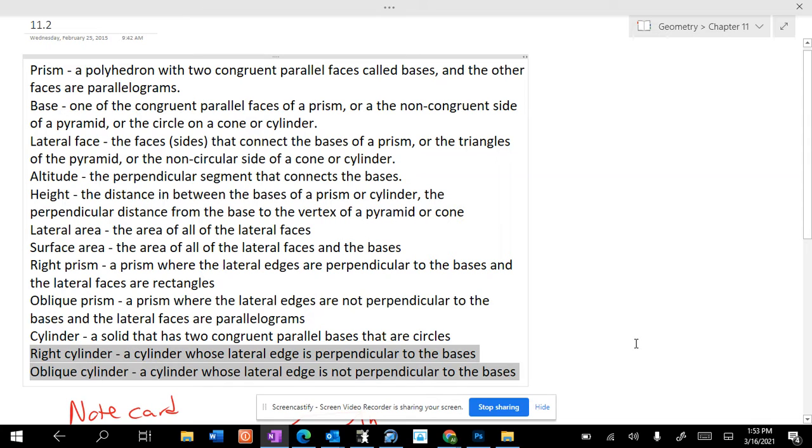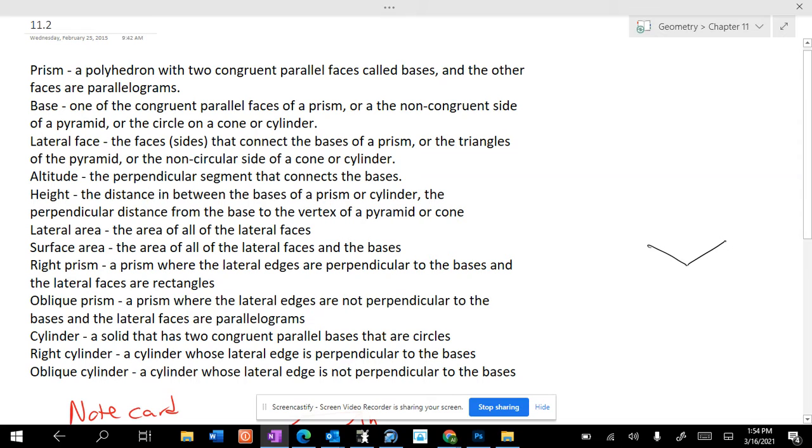Oops, I need my stylus, which is back on my desk somewhere. An oblique prism would look kind of like this, kind of leaning over, but that's still not a very good drawing.